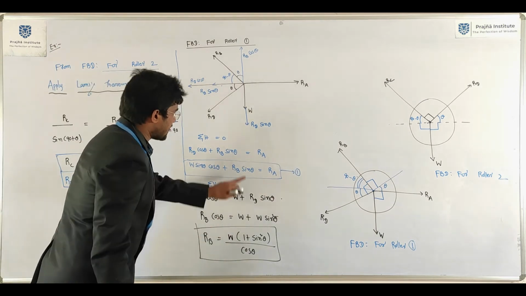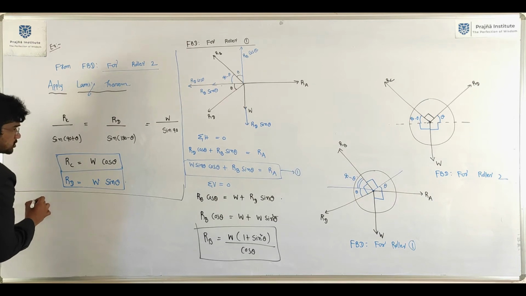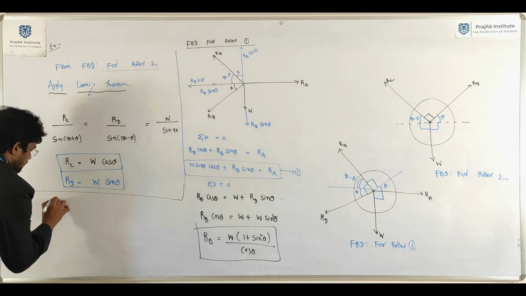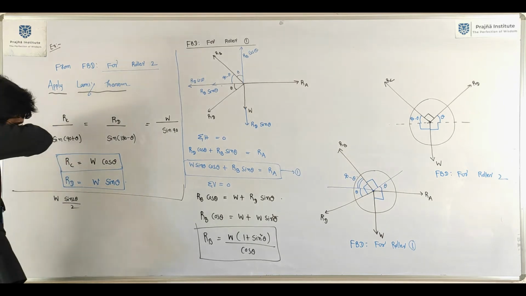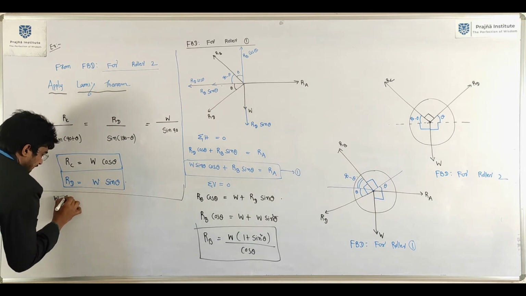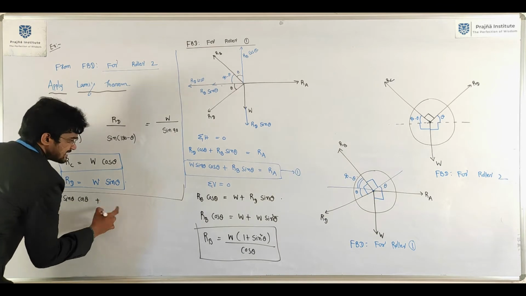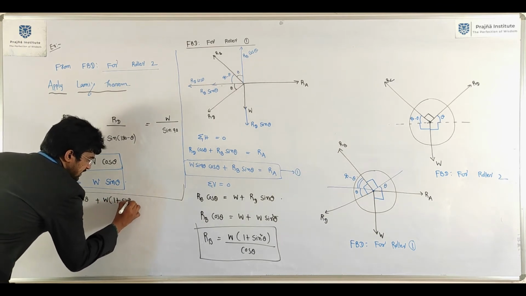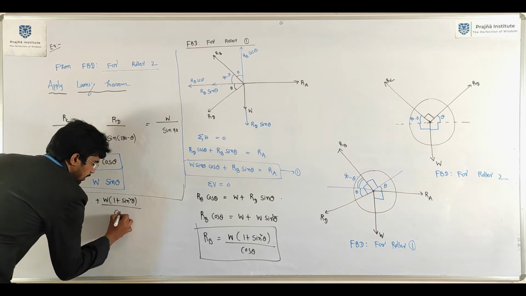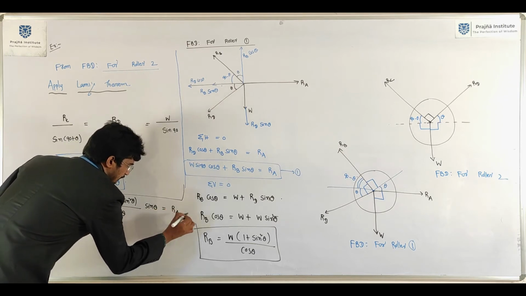Just substitute RB in equation 1. Equation 1 is W sin theta cos theta, which you can write as W sin 2 theta by 2, plus W into 1 plus sin squared theta by cos theta into sin theta, is equal to RA.